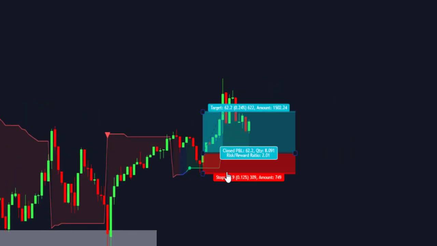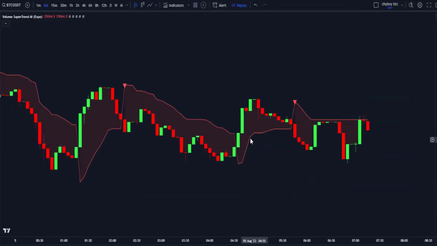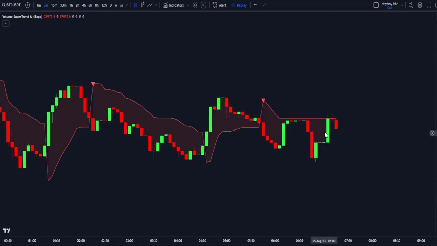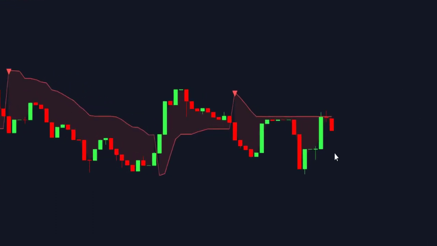Let's look at how we can enter a sell trade using this indicator. Here we are looking at the same BTC USDT on the 5 minutes time frame. As you can see, price was in a downtrend as indicated by the indicator. And eventually we see price retesting the red line of the indicator. Then we are going to wait to see how price will react there.